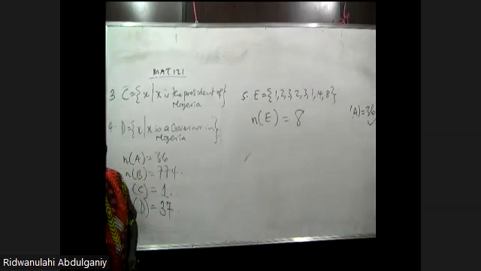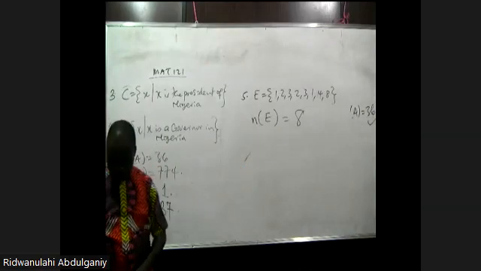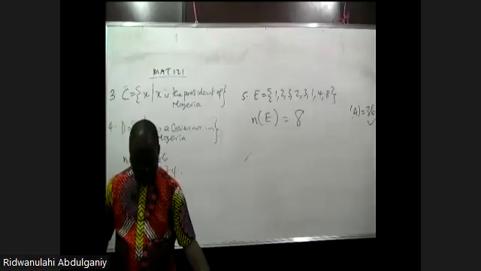Benedicta, your hand is up, please. Let me listen to you. Okay, sir. It was the question you asked. He said the cardinality of E. Yes. We wanted to answer the question. Okay, no problem.